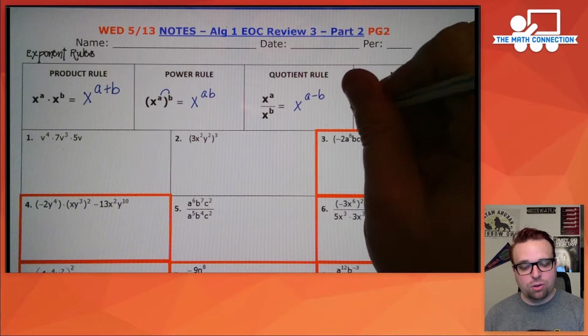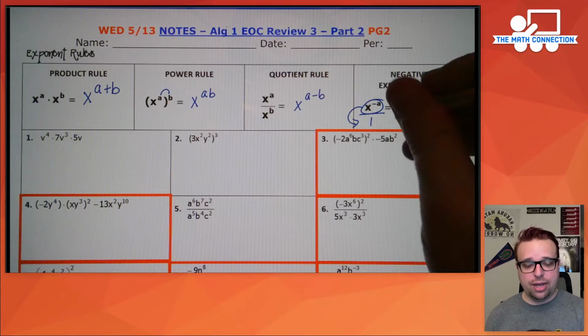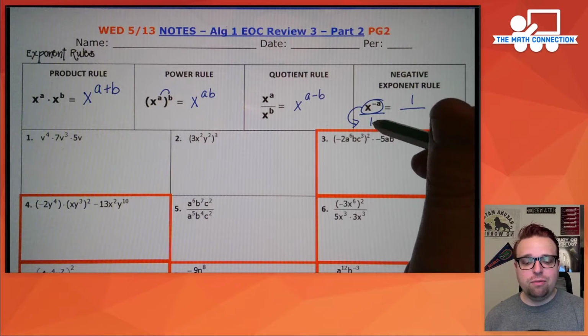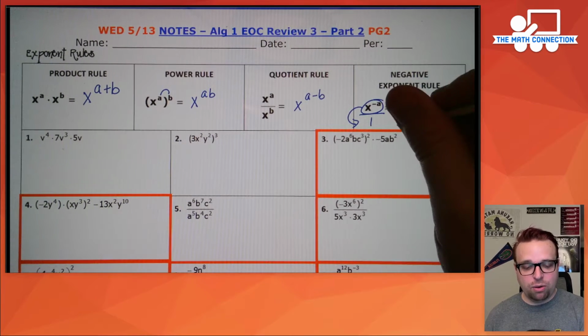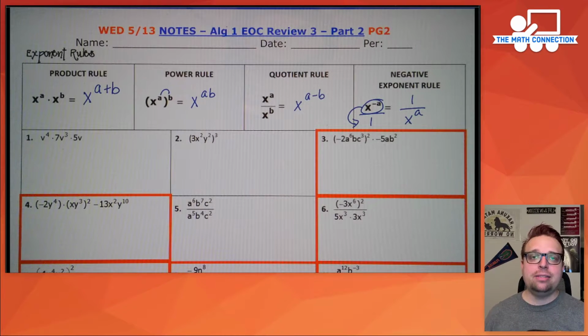So let's take this whole expression, move that downstairs. First of all, what's left on the top now? It's just 1. All that's left on the top is just 1. On the denominator, you have 1 times x to the a power, x to the a. This exponent is now positive because that's the power of moving it upstairs and downstairs, okay?